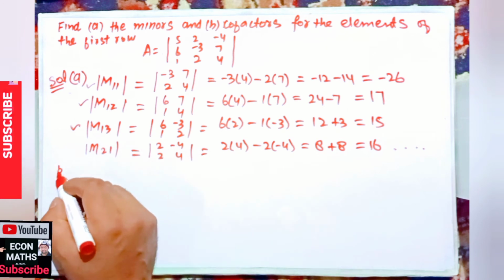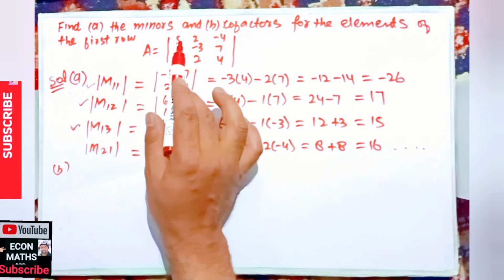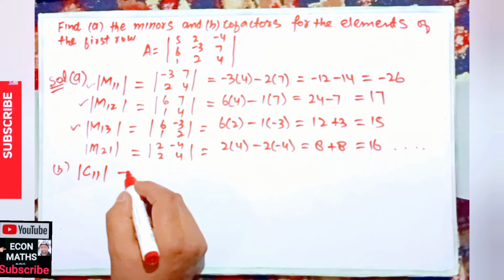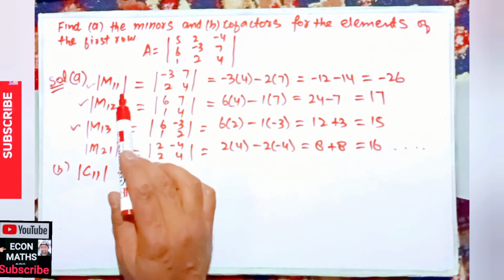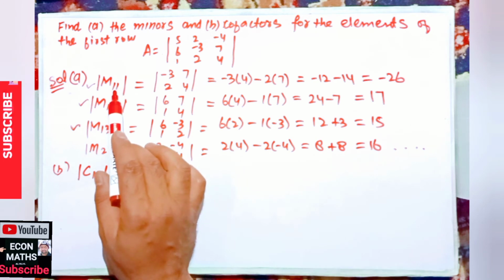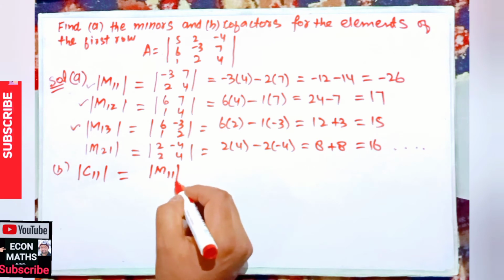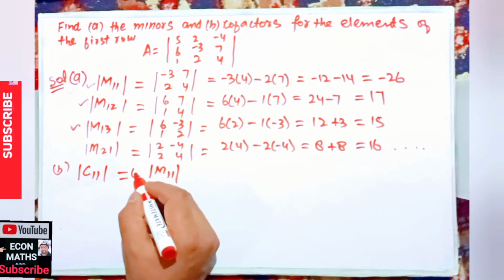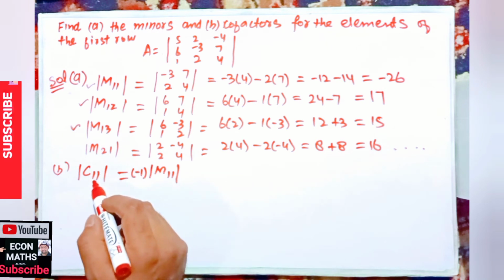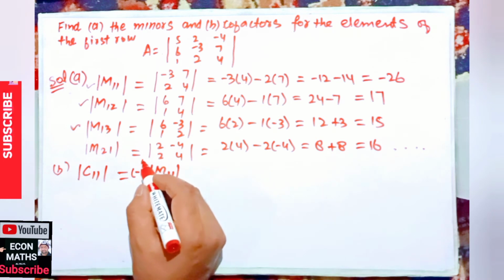Now the B part is to find the cofactor. Now the cofactor at this place is denoted by C11. Now cofactor is simply a minor along with a proper sign. That is, here we write the first minor, that's M11, and multiply it with -1 raised to the power of the addition of the subscripts, that is 1 plus 1.